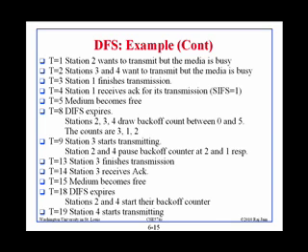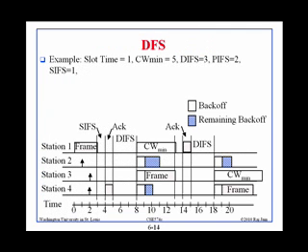Where is another ACK? Well, at time 4, station 1 receives an ACK, and that is coming from 4. The same ACK. At t equal to 4, station 4 sends an ACK to station 1. Okay, so 1 and 4 are communicating. Okay.